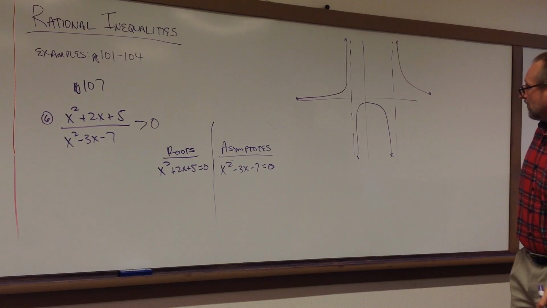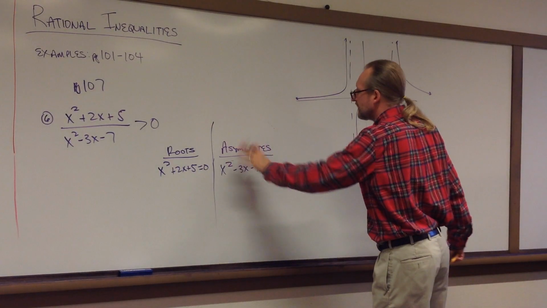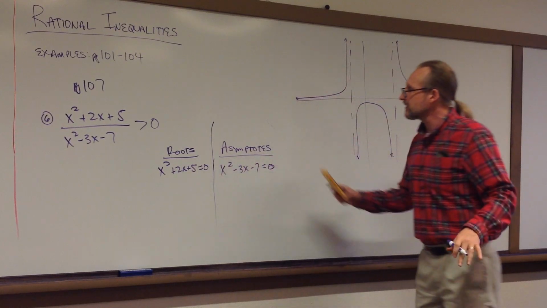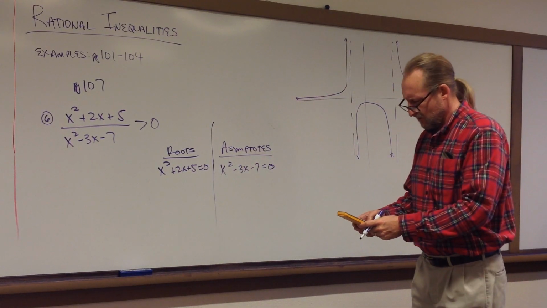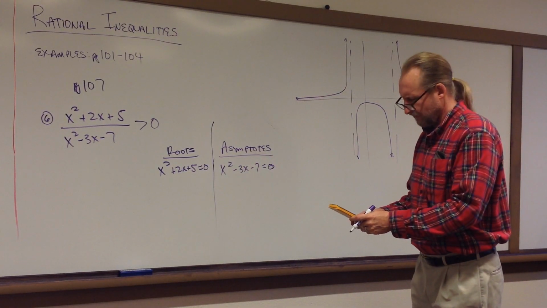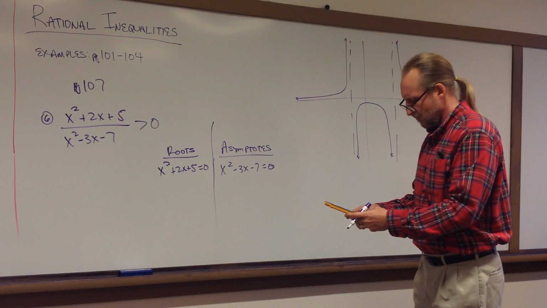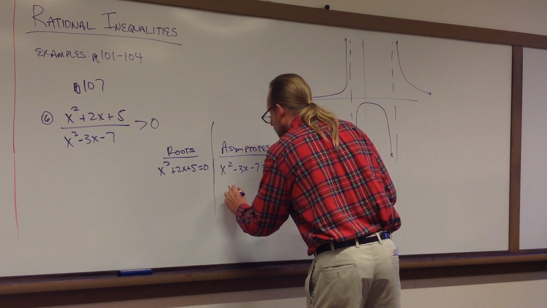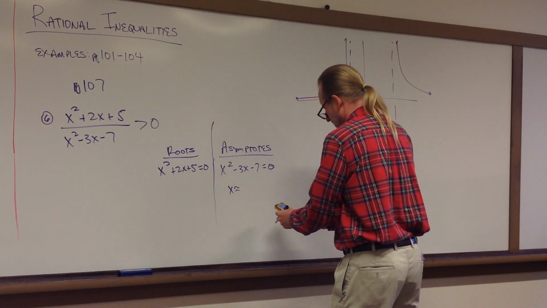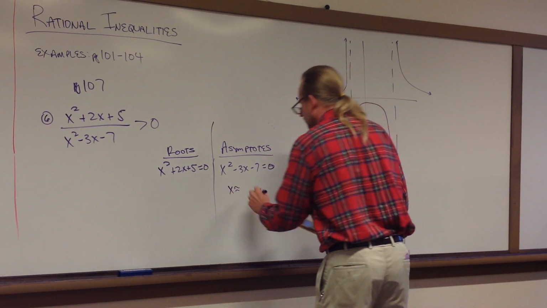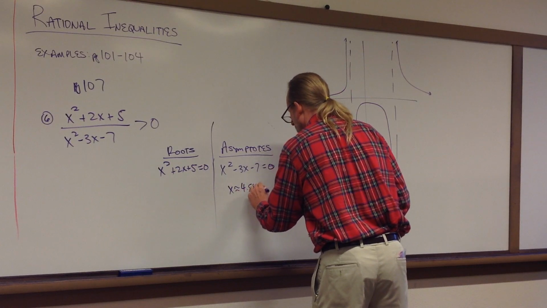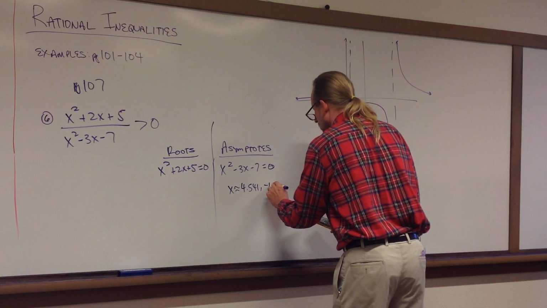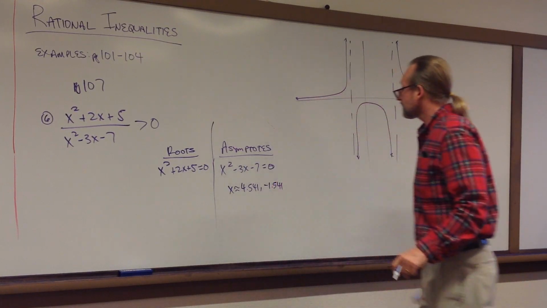Okay, so to identify any roots and asymptotes, we want to run these quadratic equations through our quadratic formula. I'll do the asymptotes first. Let's see here, 1, -3, -7, and that gives us x is approximately 4.541 or -1.541.